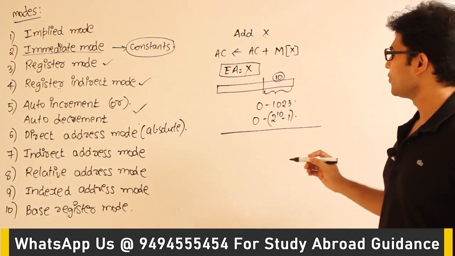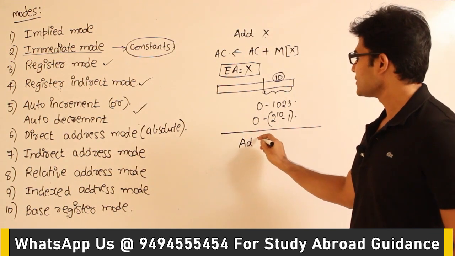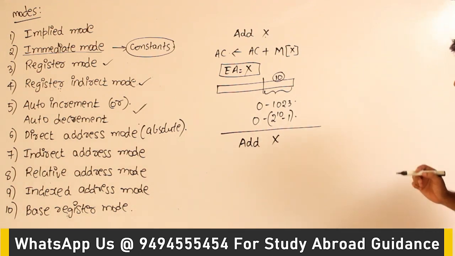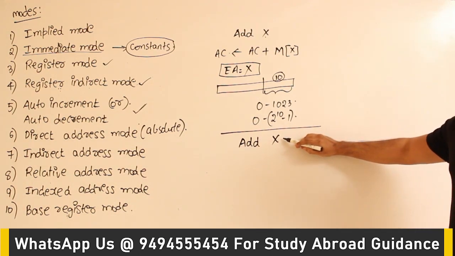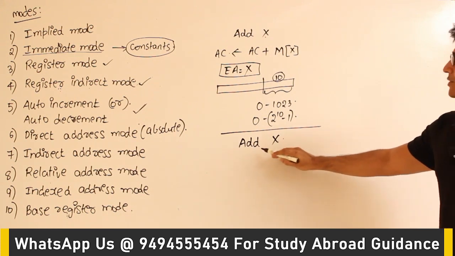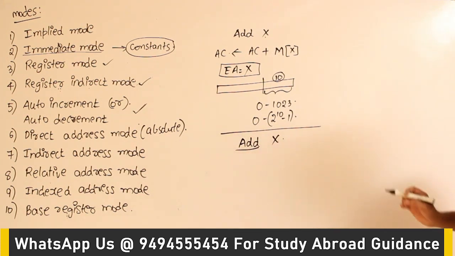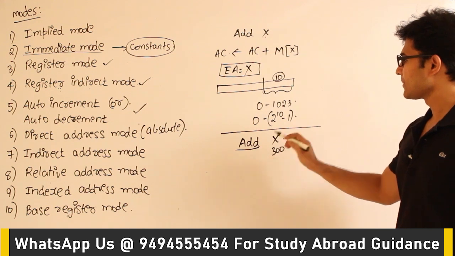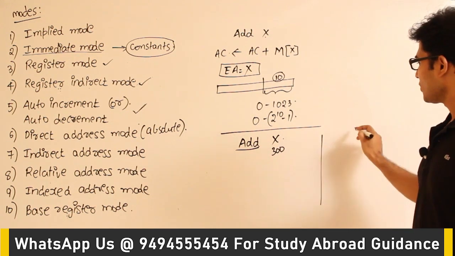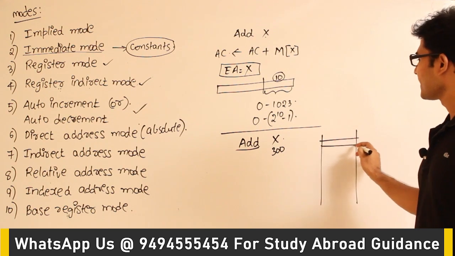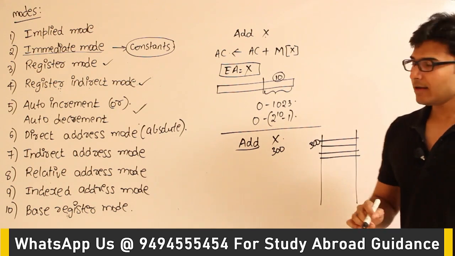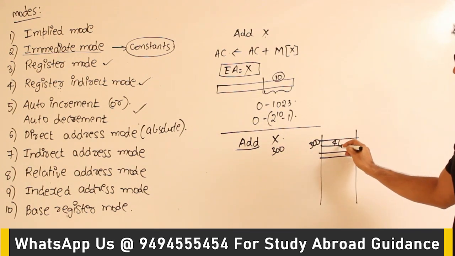Now what indirect mode means is, let us say you have an instruction add x. If it is given that this instruction is following the indirect addressing mode as part of the opcode somewhere, then the meaning is, assume that this number x is 300. It means you are supposed to go to the memory, go to the address 300, and there you are going to find some number.